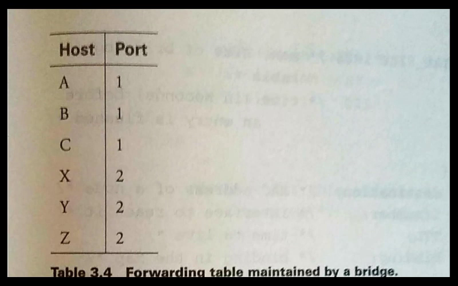So if any packet arrives with destination host A on the same side, that is on ethernet segment 1, it is not going to be transferred, because A is present on the port number 1 side only. If a destination address B arrives, it is present on port 1 only. If a packet arrives with destination address X, then it is going to be forwarded on port number 2. Is it clear? So this is how it is maintained in the forwarding table.